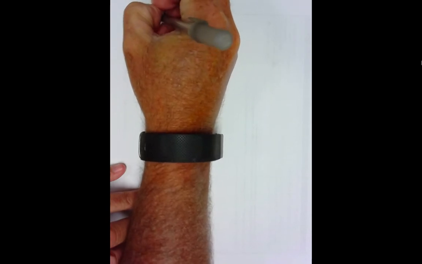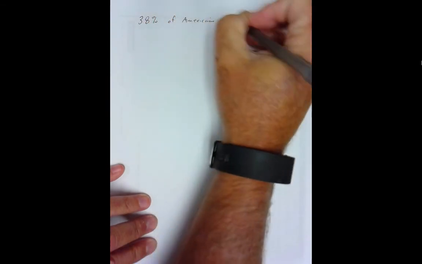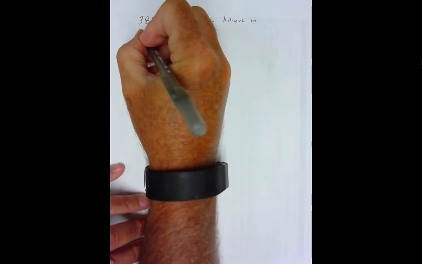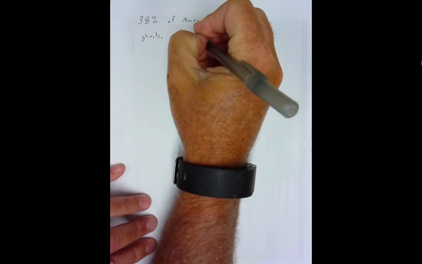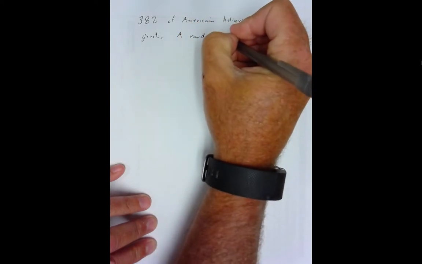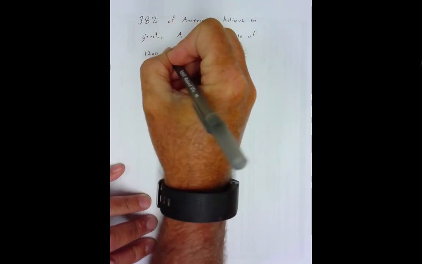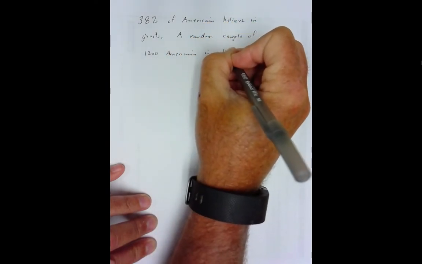So now how does that help us work a problem? Let's look at an example. I saw the other day in a Gallup poll that there was a report that 38% of Americans believe in ghosts. A random sample of 1,200 Americans is collected.